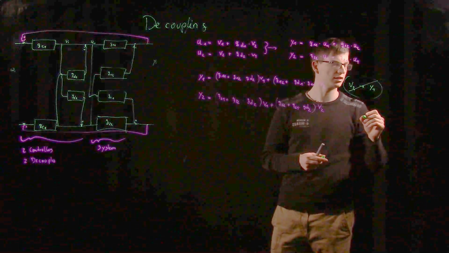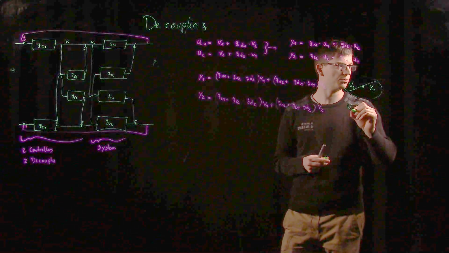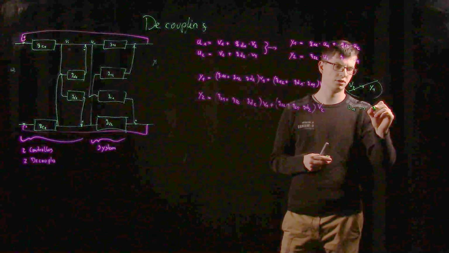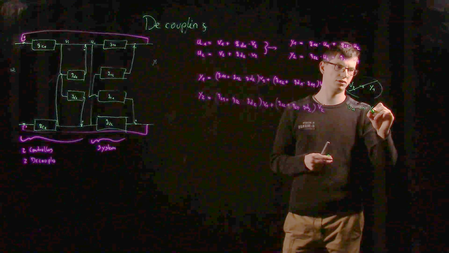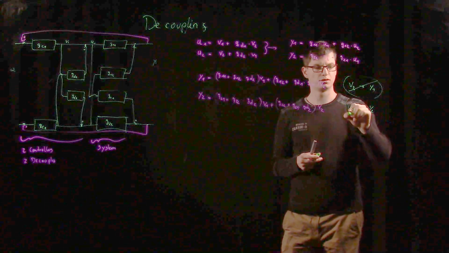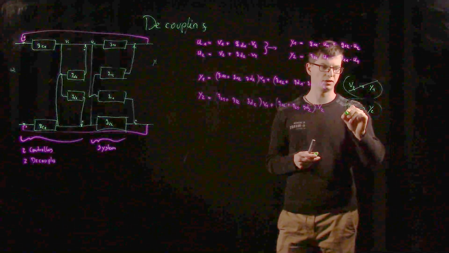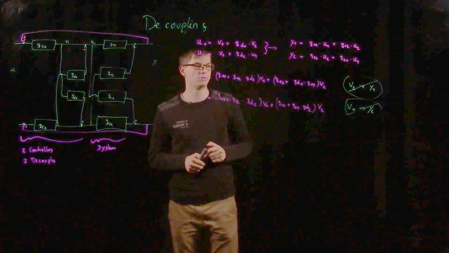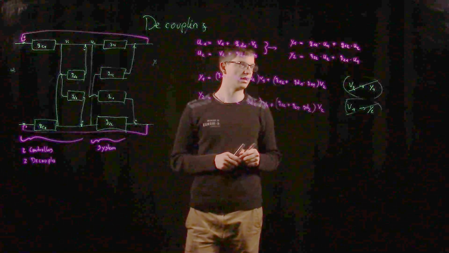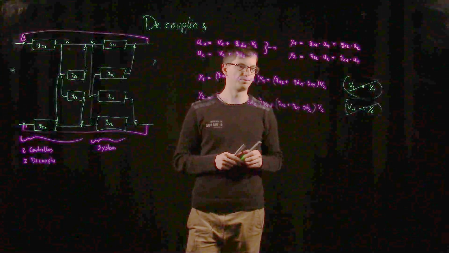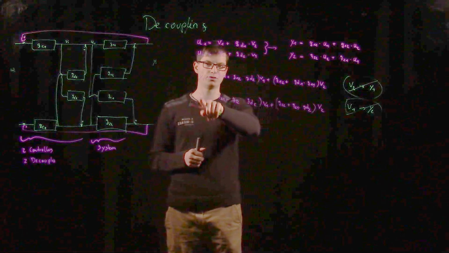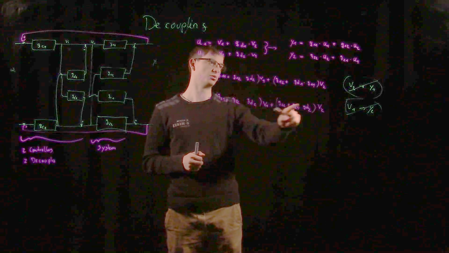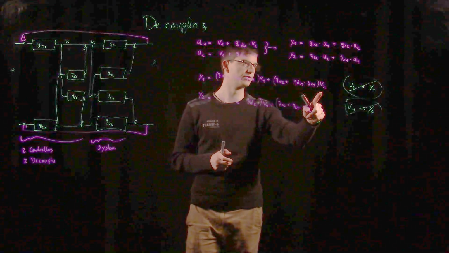And the same applies for V1 on Y2, and we want to cross this out as well. How do we do this? Well, we can now write that for Y1, the influence of V2 should be 0.